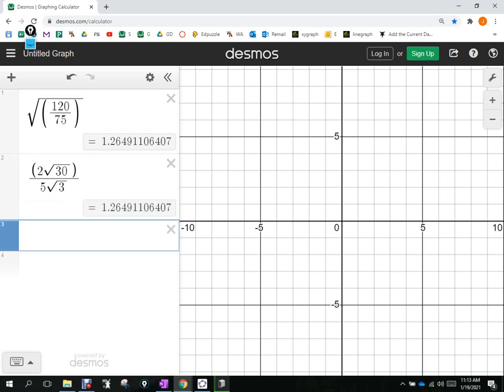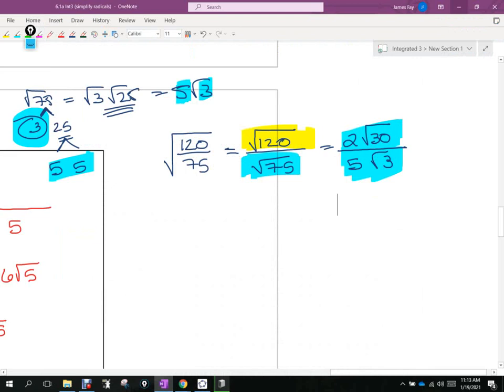Same decimals, so that means that there is the same as that. Okay? Now, eventually, we will not like this. Okay? I'm not going to get into it too much today, but we don't like radicals in the denominator. Okay? So what we will do is a process called rationalizing the denominator.